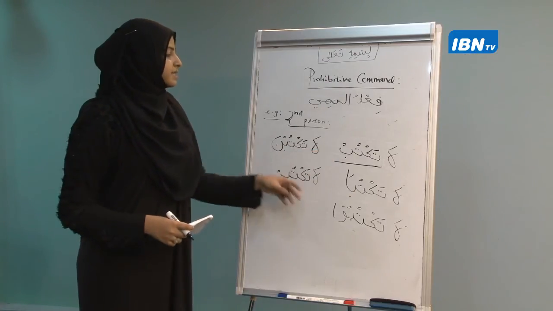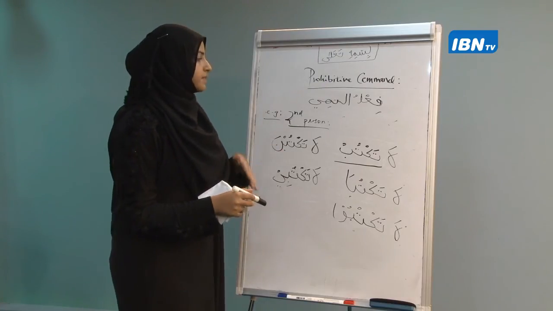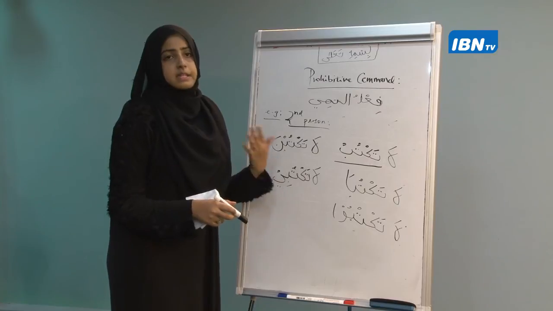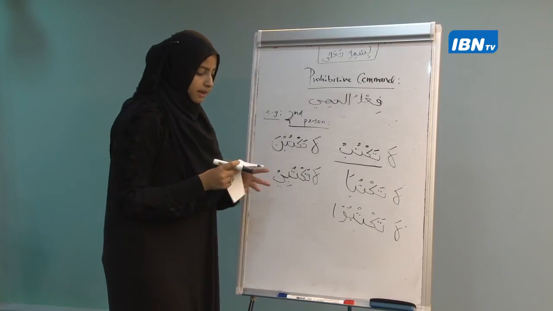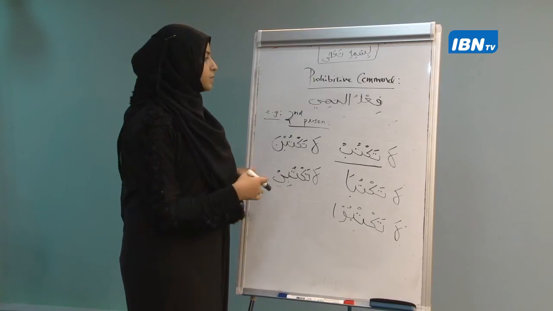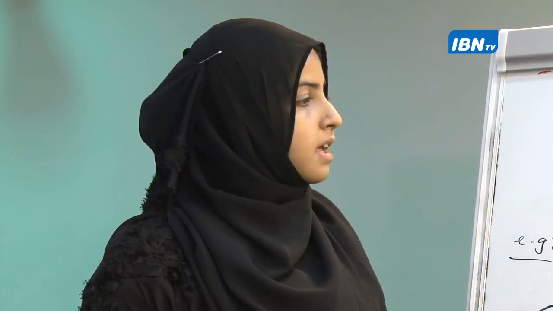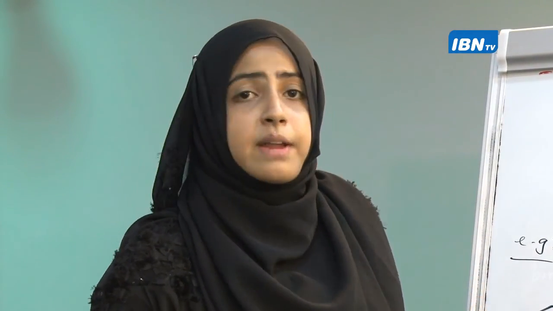Okay, so this was the part of the second person. Of course, the prohibitive command you can use in second person and in the third person. Inshallah, in our next classes we will be looking at more other topics, and of course we'll have a day for revision, so I'll be giving you more revision exercises. But for the time being, try to find more examples.